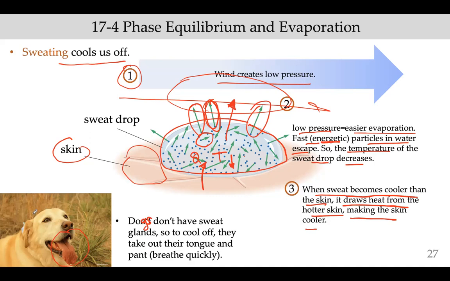They don't have sweat glands on their body, so they can only lose heat through their tongue. So they open their mouth and they pant, so that at hot temperatures they can cool off.